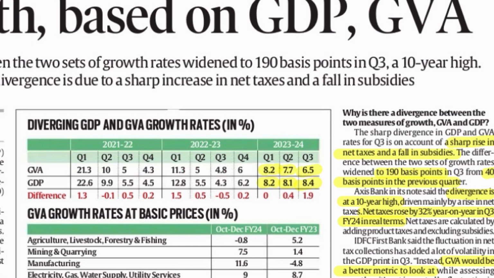They have been very close, and in this current running financial year, in quarter one both were the same, in quarter two 0.4% of divergence, and now 1.9% of divergence. That is 190 basis points of divergence between GVA and GDP, which brings out some facts.